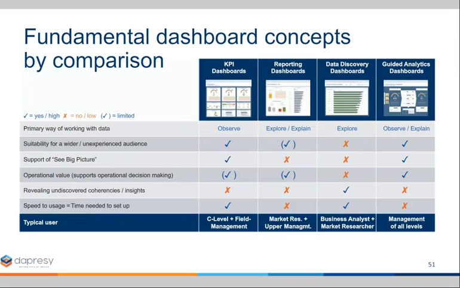This is why it also has very high operational value, meaning you can get to the true cause directly and start acting immediately. The downside is there's no way of revealing undiscovered coherencies because, of course, all the paths are predefined. And, of course, the speed to usage is low.